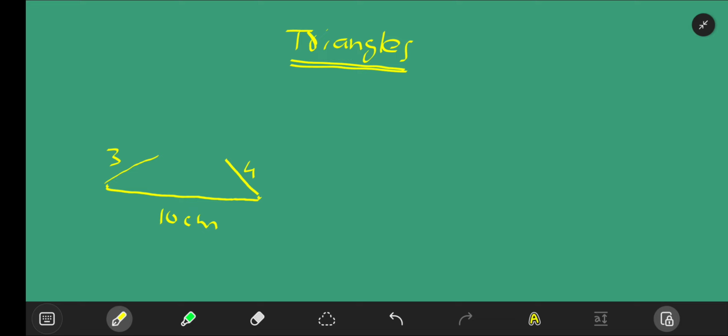Now if you lift these two lines upwards or downwards, they won't meet each other. This 4 centimeters line and this 3 centimeters line do not touch each other. Yes or no?